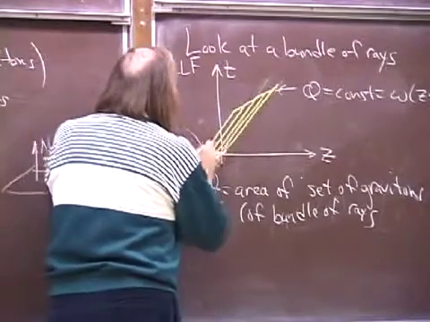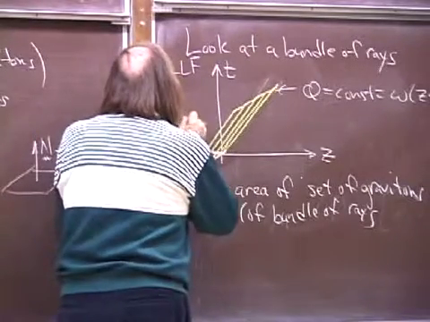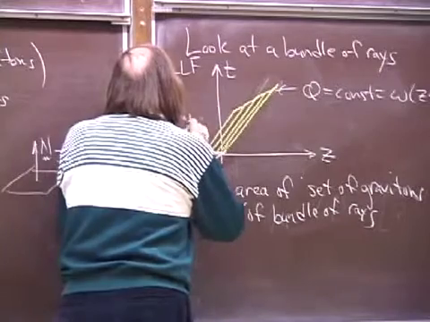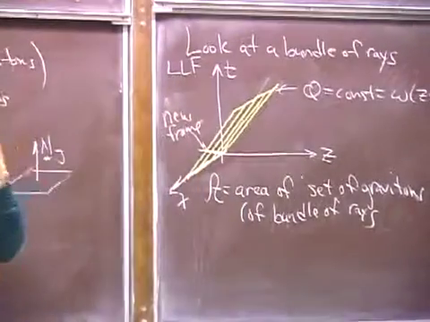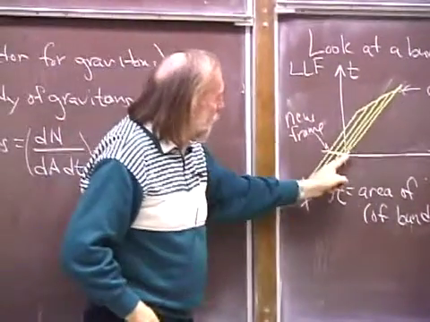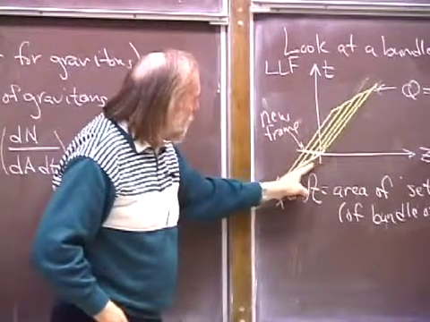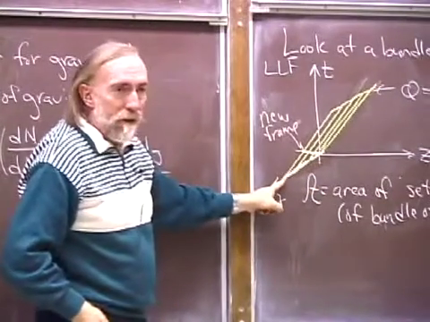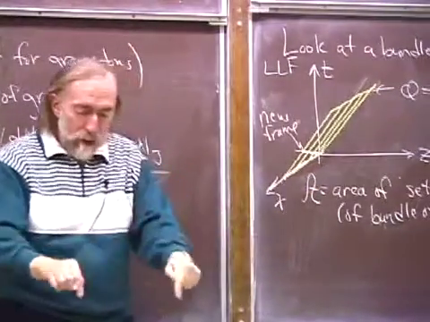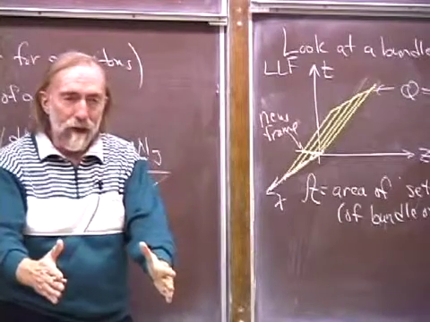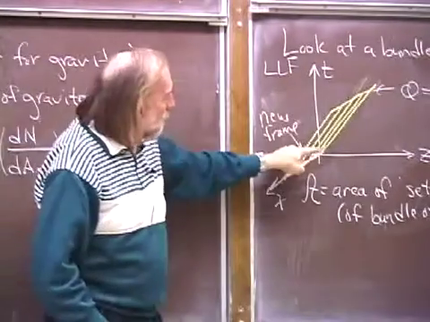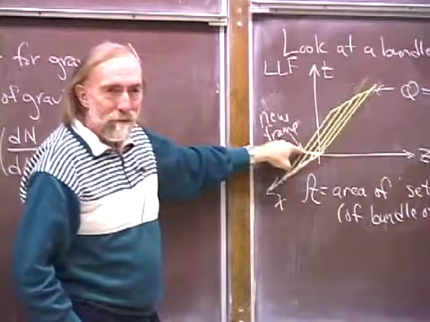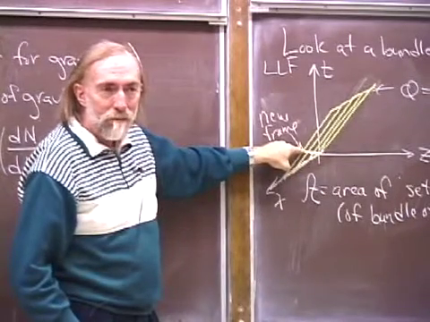So that's in the new frame. That's the slice of constant time. And so what I claim is that the length of this line, which is the length along one edge of my bundle of gravitons, is the same as the length of that line, viewed as lines in space-time.